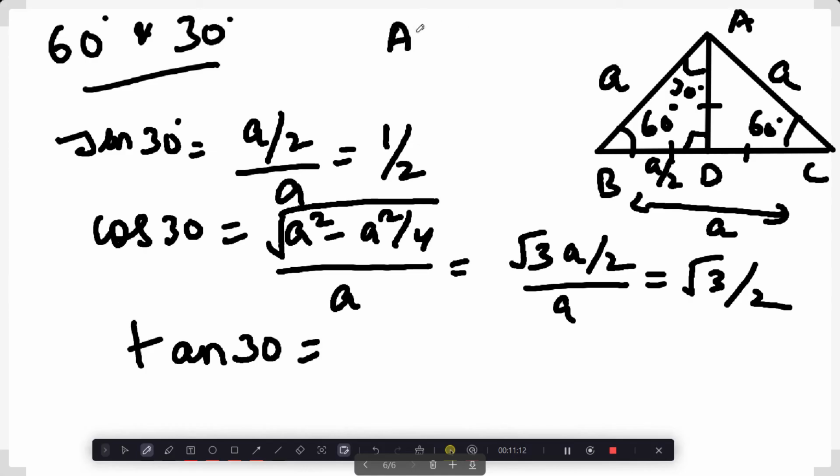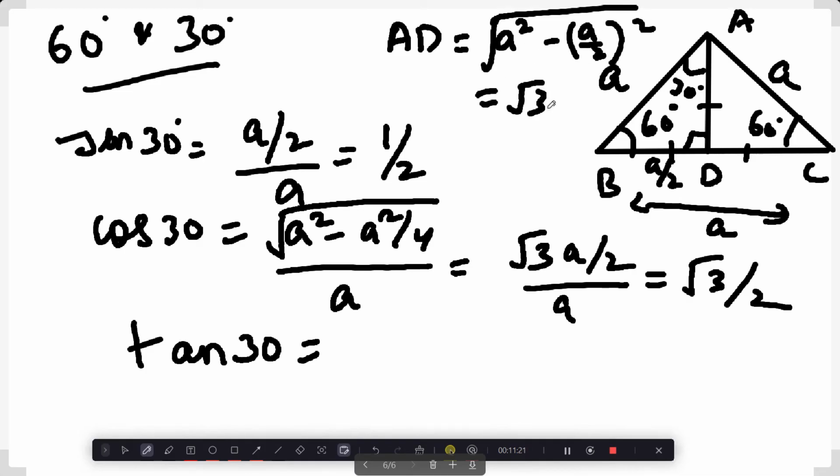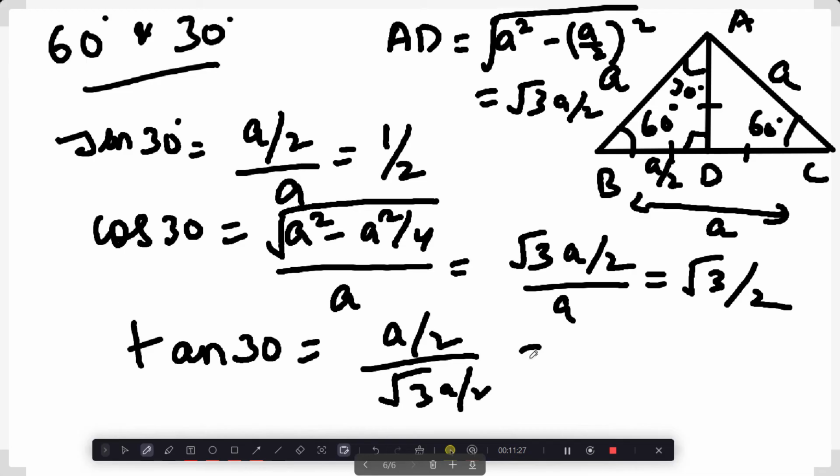This is what we took out here. AD is the square root of A square minus (A by 2) whole square, which is what? Root 3 by 2 A. What is tan 30? Opposite side by adjacent side. Okay.